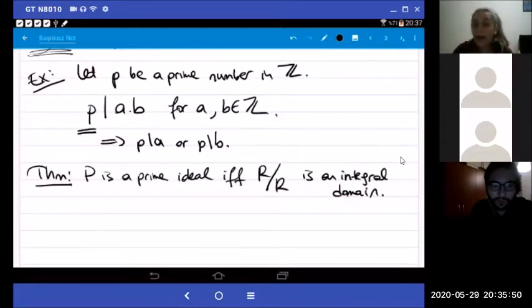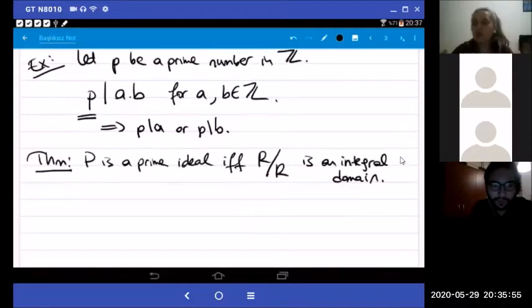From here, considering these two theorems, M is maximal if and only if R over M is a field, and P is a prime ideal if and only if R over P is an integral domain. Just using these two, we can show a very strong result. Let me put a star here.